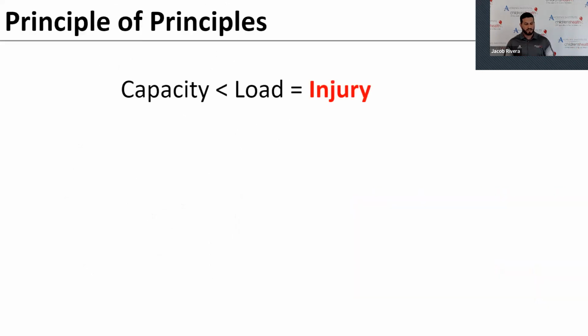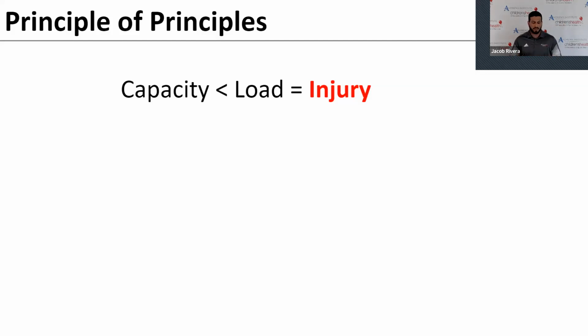Now, I'm going to talk about what I would consider to be the principle of principles. I would say if we can accomplish these three things and understand these three things, we're going to do a really good job of preventing the injury. So a simple example is to think about when an injury happens. Well, when an injury happens, typically the capacity to prevent that injury, or at least the capacity to not be in that position, is not currently there.